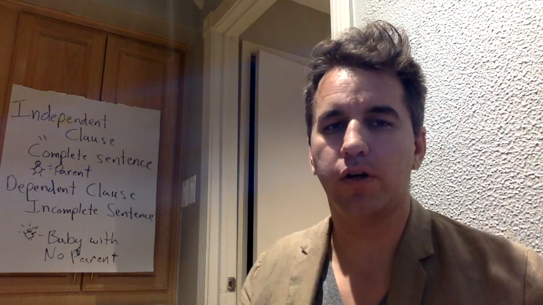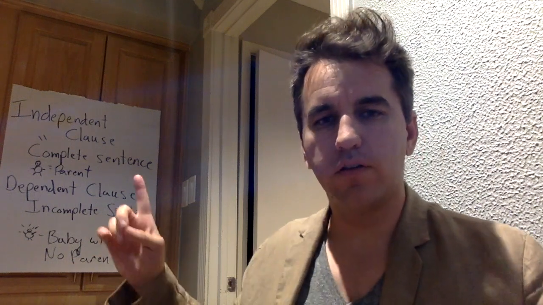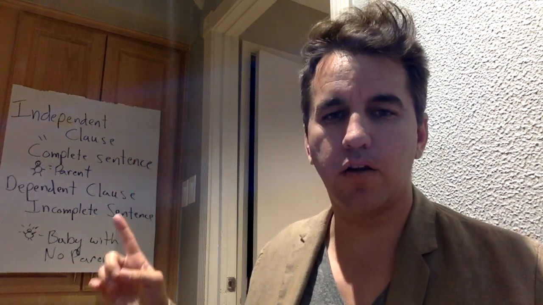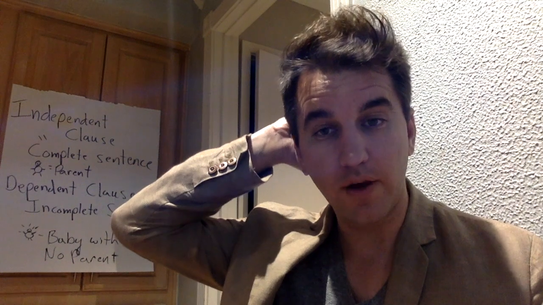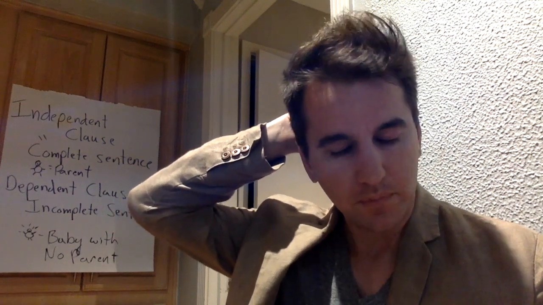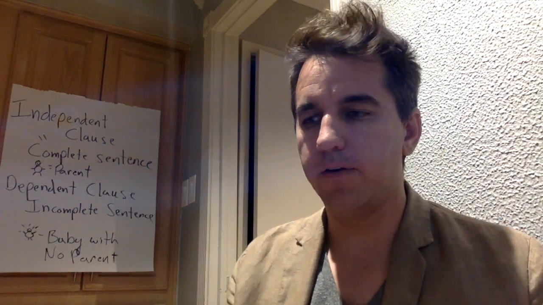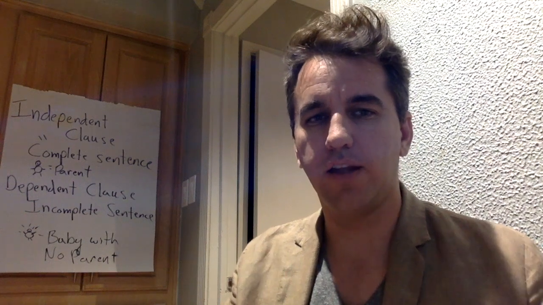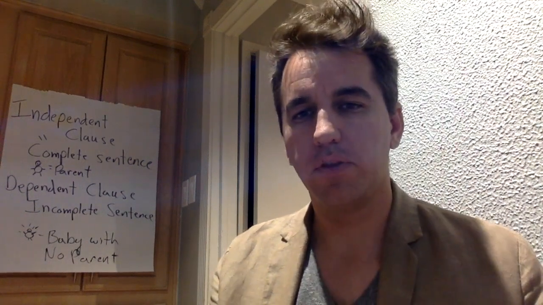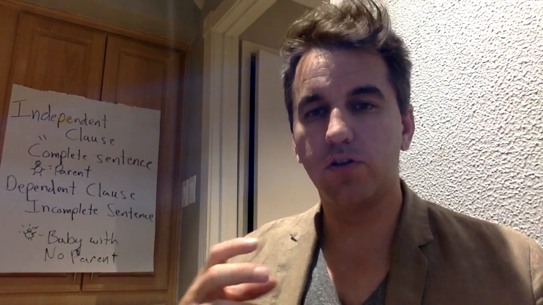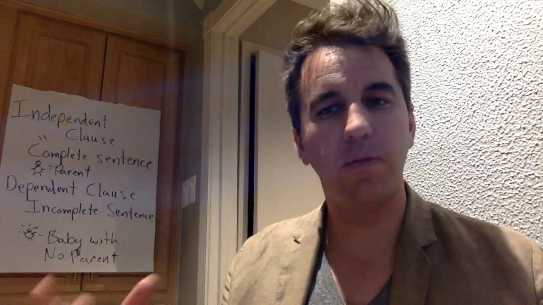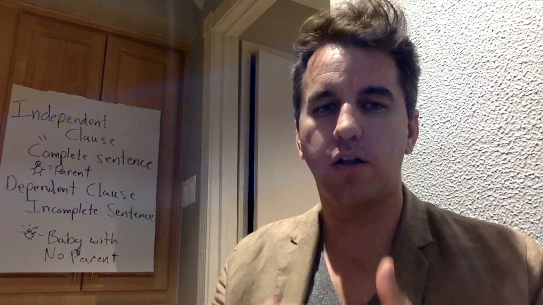So it's really important to be aware of these independent clauses and dependent clauses, because they're important when we talk about conjunctions and when we use them. Also, I'm not going to discuss it at length in this video, but there are complex and compound sentences, and those are variations of independent clauses with dependent clauses.